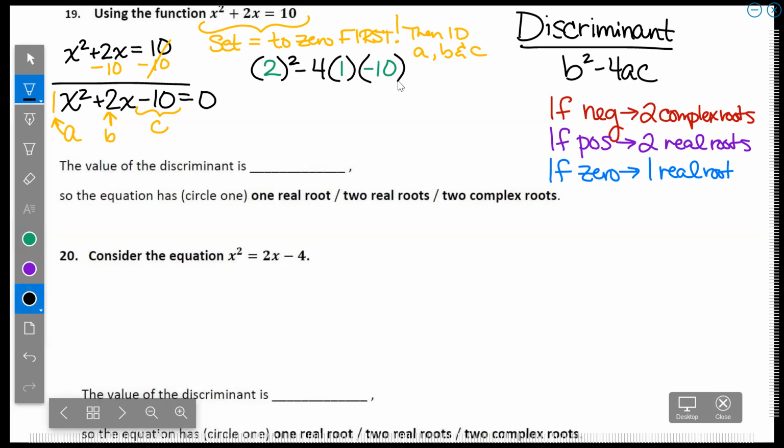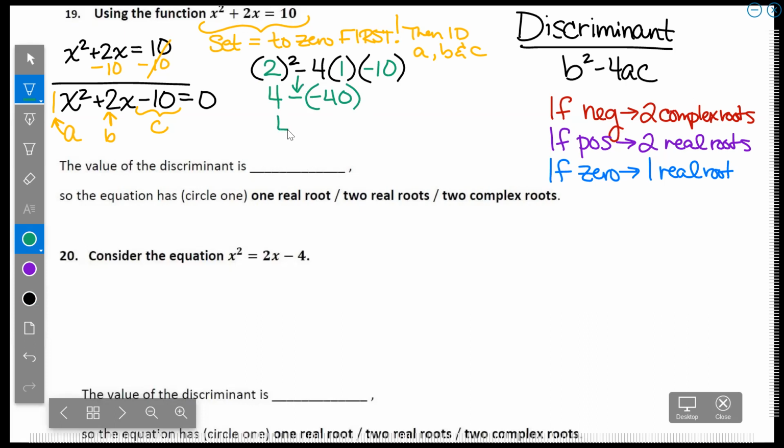What is 2 squared? 2 times itself. 4. So I have 4 minus, what is 4 times 1 times negative 10? Negative 40. So I have 4 minus, because I'm bringing this minus sign down from right here, 4 minus negative 40.